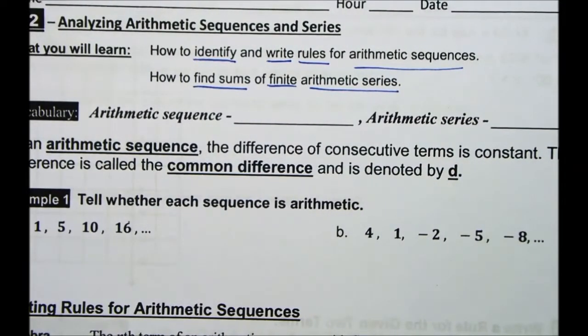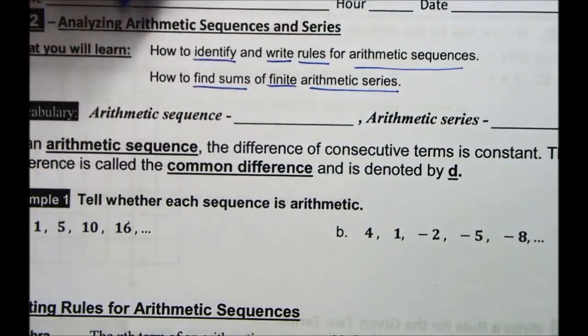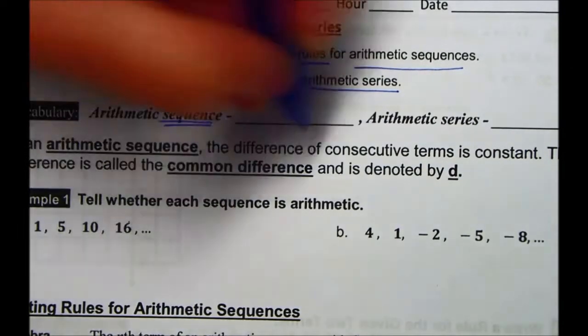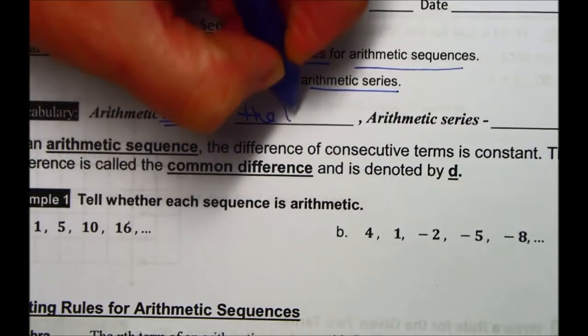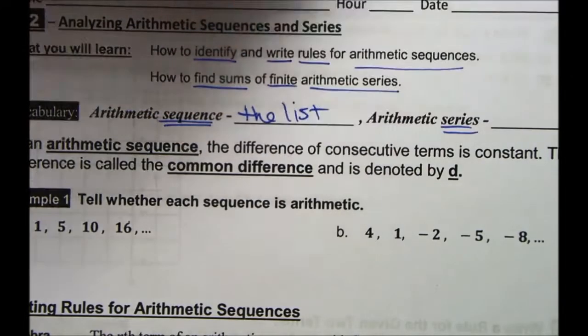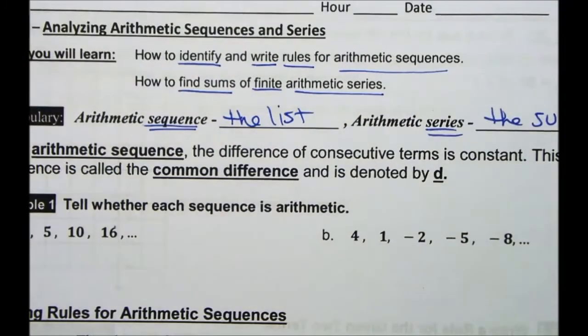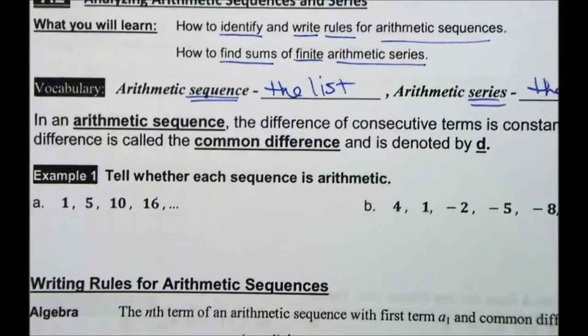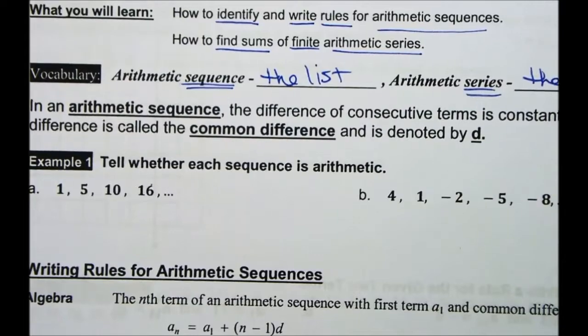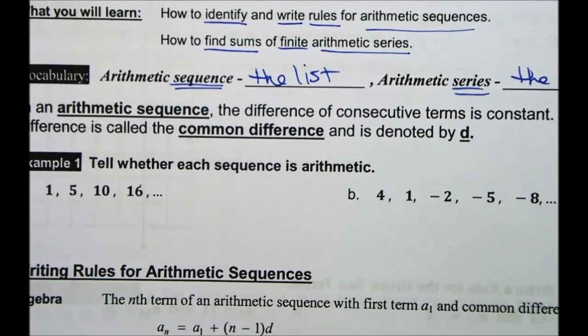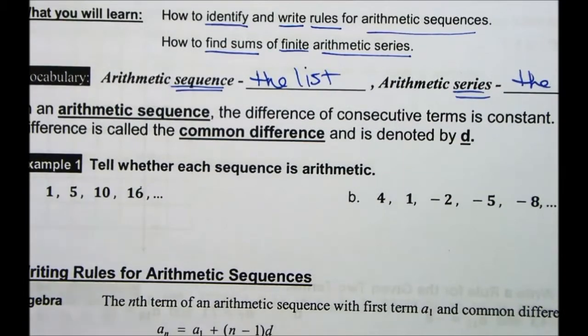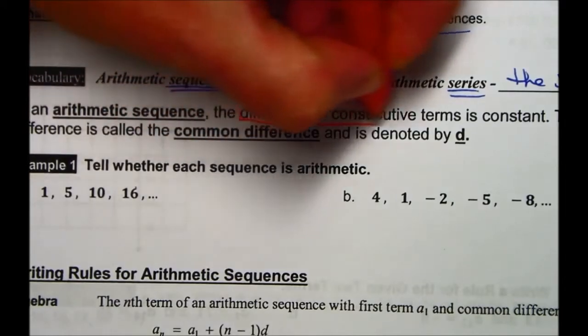these too. Once again, just like in lesson 1, a sequence represents the list, where the series represents the sum of that list. So in an arithmetic sequence, the difference, and this is important, it's the difference in consecutive terms that's going to be constant.